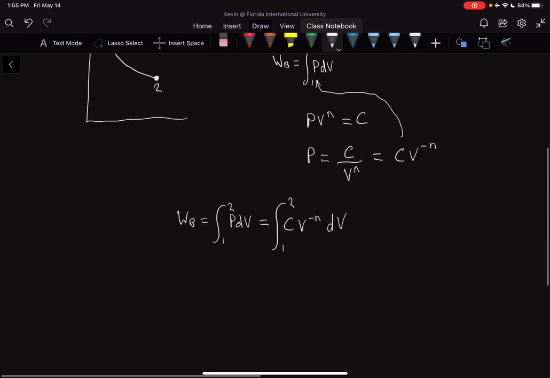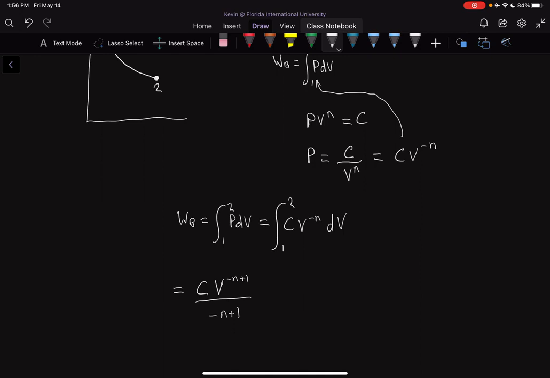And if we actually solve the integral, you would get that this is equal to C V to the minus n plus 1 over minus n plus 1. This is a simple rule of integration.